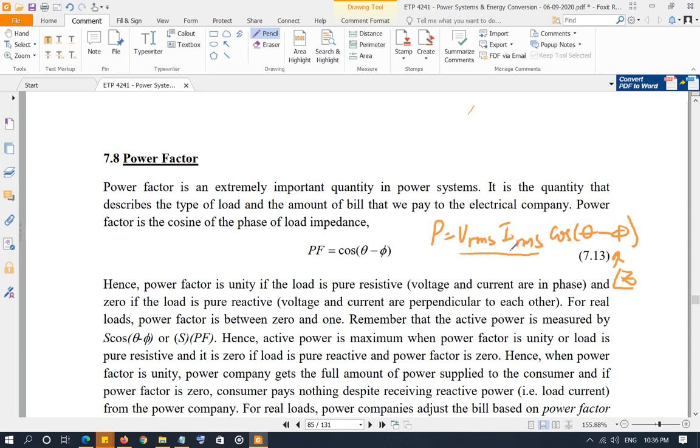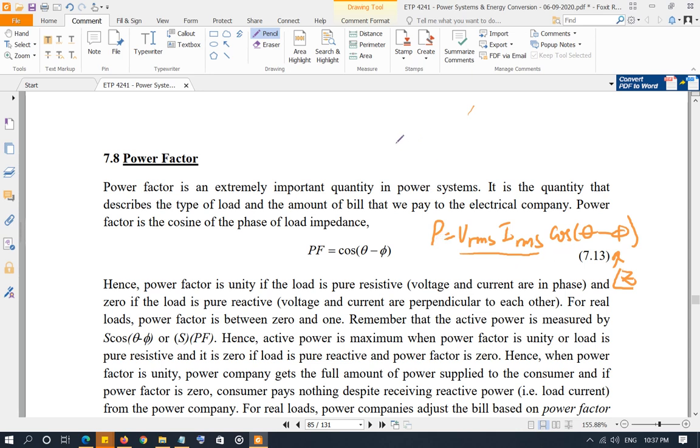Now assume that you have some inductive load. That means cosine of theta minus phi is not going to be 1. It is going to be somewhere between 0 and 1. What does that mean? That means when you calculate through this formula, since the power factor will be less than 1 and more than 0, your active power is going to be less than if you were calculating for a purely resistive load, right?